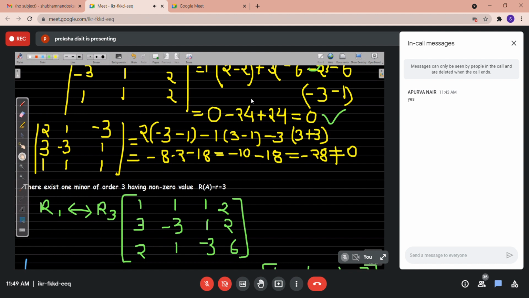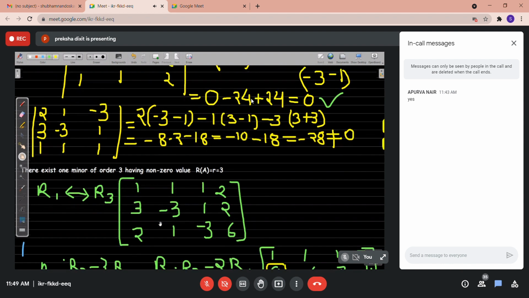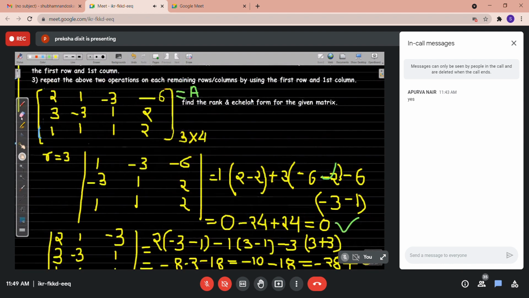So now let us proceed with the elementary transformations to get the echelon form of it. So see here, I have to get 1 at this position where 2 is entered. Okay, because I have to get an identity matrix at the first 3 rows and 3 columns.